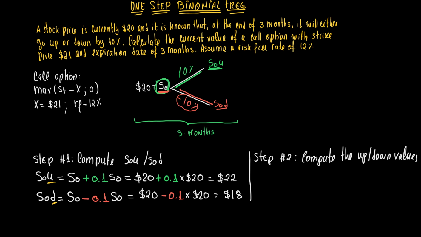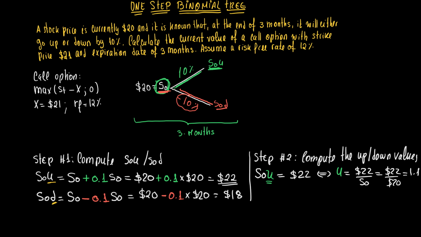We know that the stock price going up equals $22. We computed it here. If we solve in terms of the up value, u is equal to $22 divided by the current stock price. The current stock price is $20, so this gives 1.1.